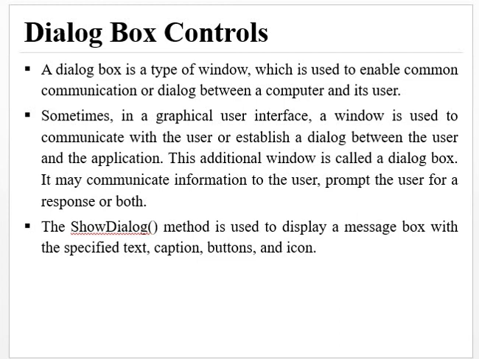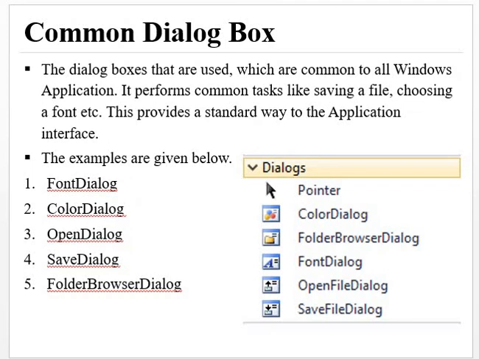Other dialog boxes commonly used in our application, or in C# concepts, are the font dialog box, color dialog box, open dialog box, save dialog box and folder browser dialog box. This is an advanced feature of the .NET technology.